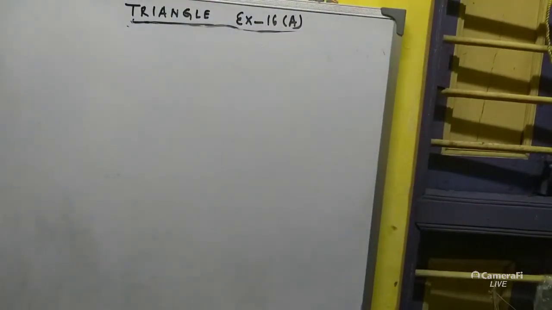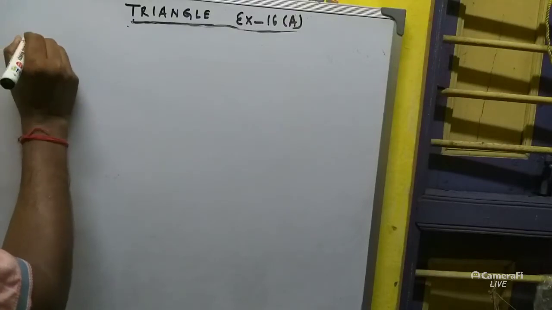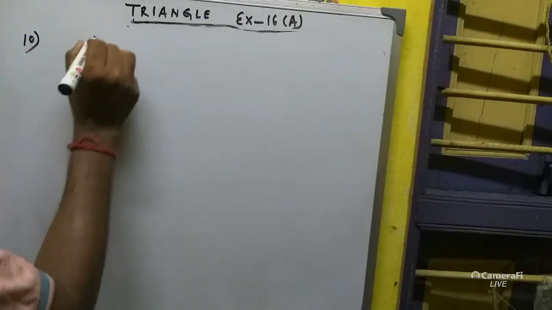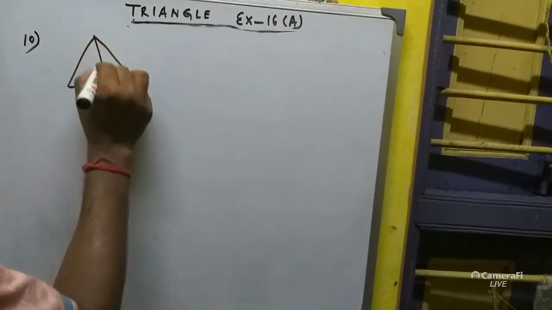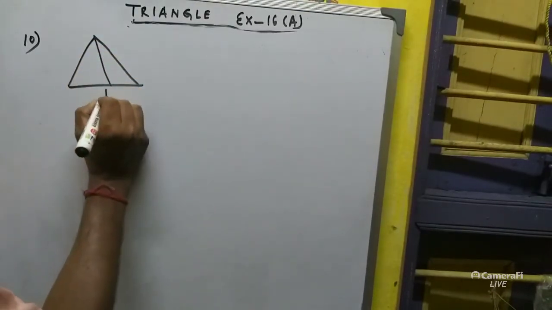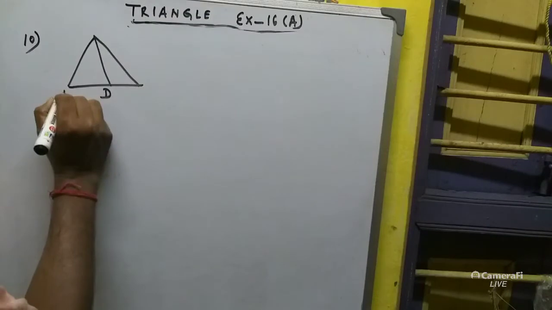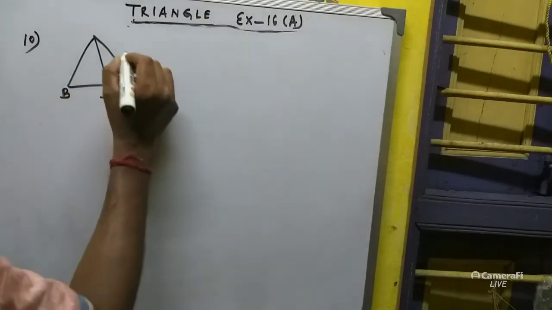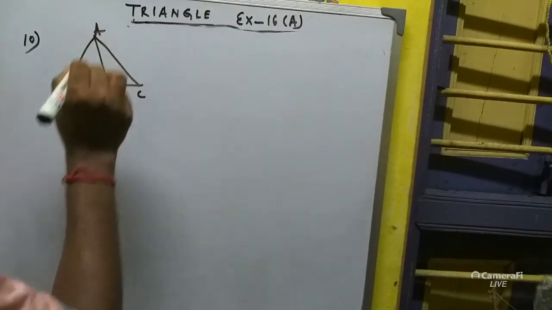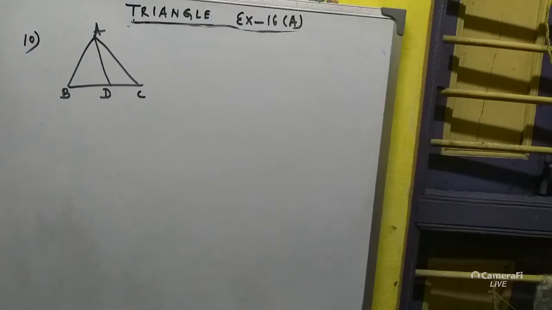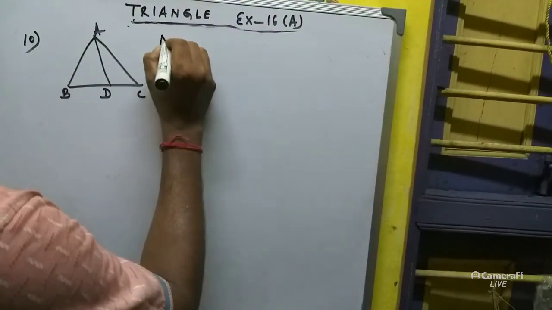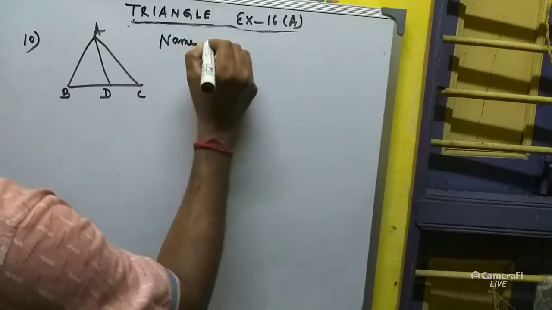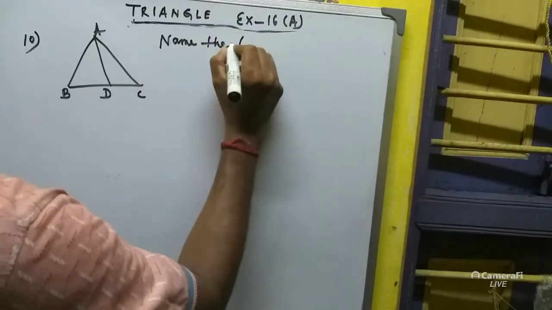Next one, math number 10. There is a triangle given, and in the middle there is a median. This is called the median, and it divides the triangle into two equal halves. How many triangles do you get? Name the triangles.